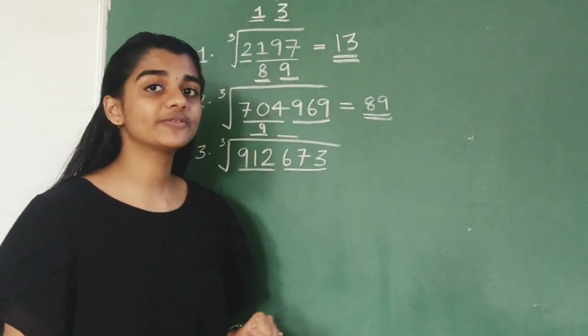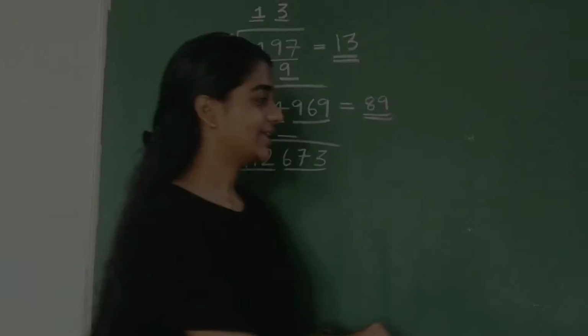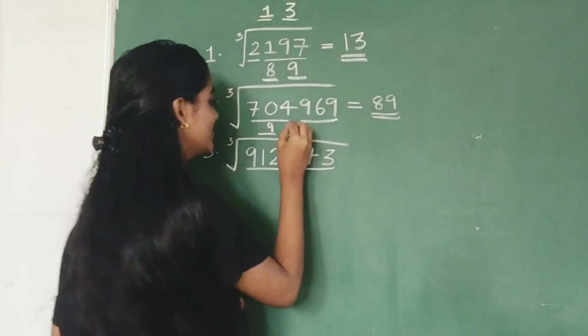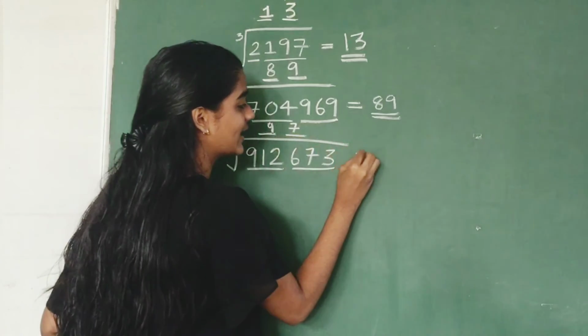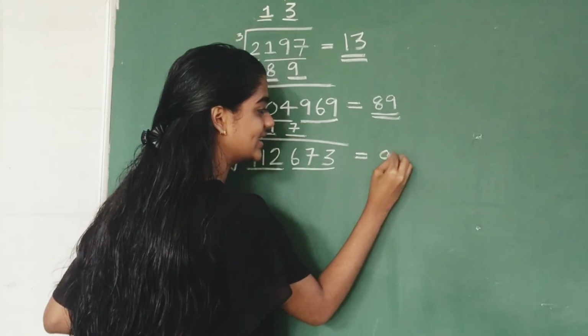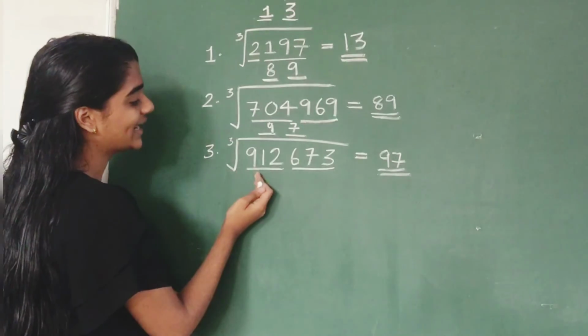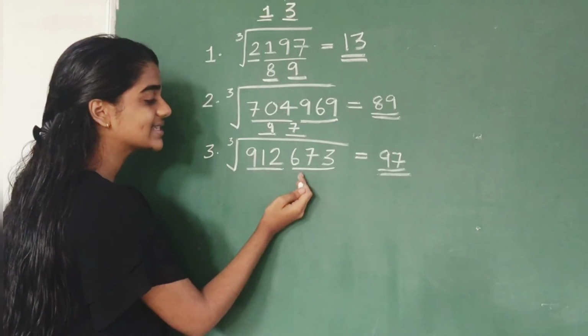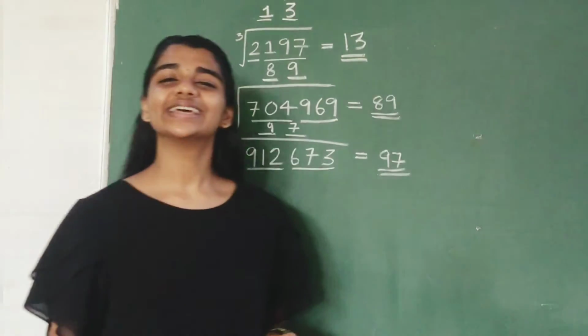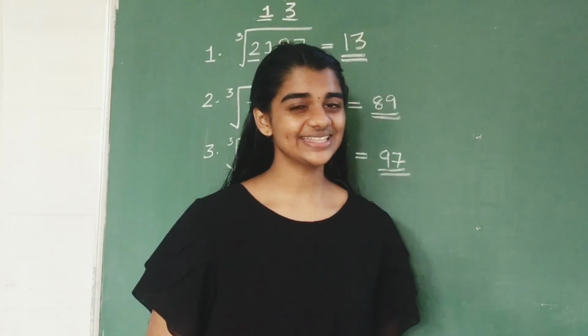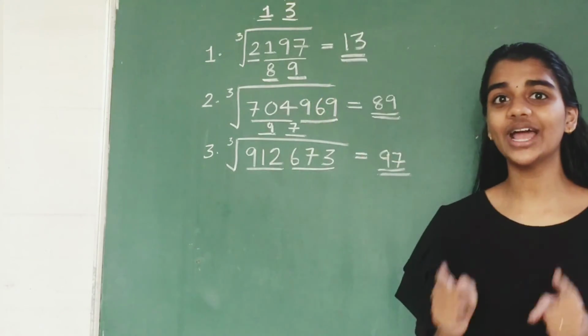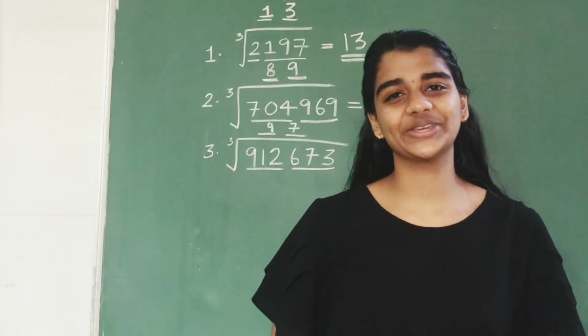So which is the perfect cube that ends in 3? Yes, it is 7. So it would be 7. So the final answer is 97. And so the cube root of 9,12,673 is 97.